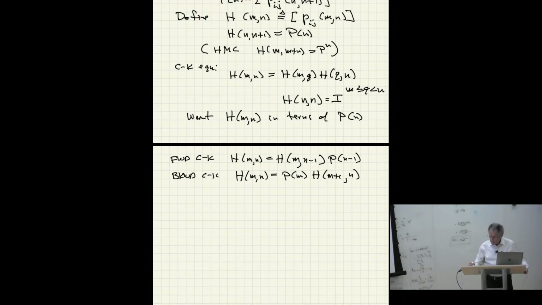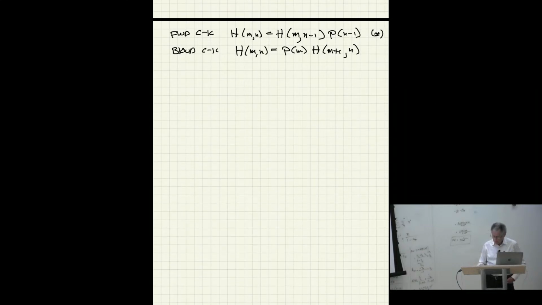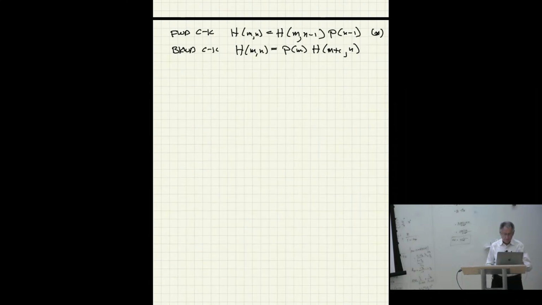Now I want to give an equation recognition for this first equation here. I'm going to just use a star. I won't need it much. I'm going to need it down below in a moment. Now, the solution to this equation, not a lovely form, but the solution is h of m and n is equal to a product of p's, just like we saw before.